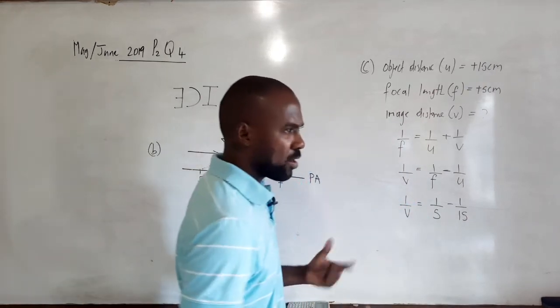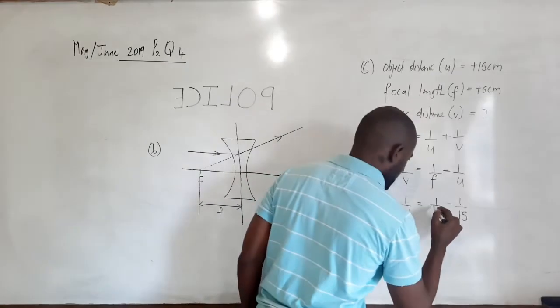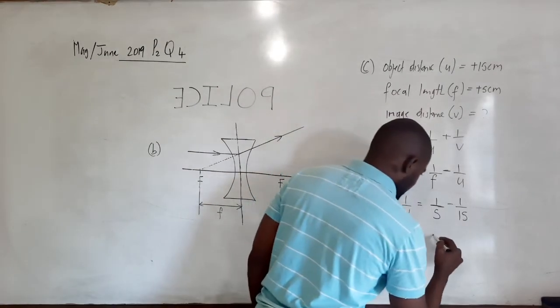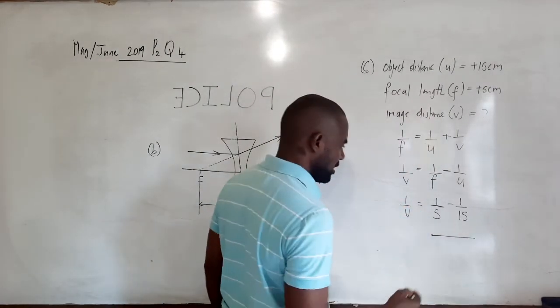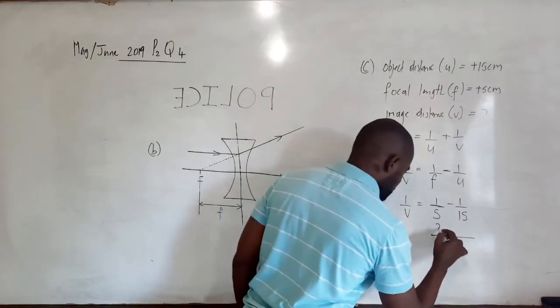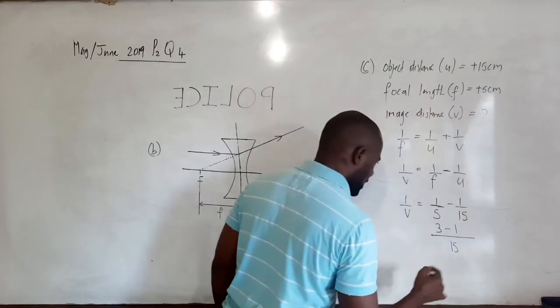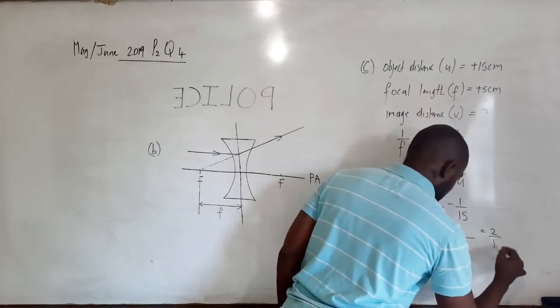Of course, you could easily work this out on a calculator, but at this level, you should have no problem adding or subtracting two fractions, right? So the LCM of 5 and 15 would be 15. 5 into 15 goes 3, 3 times 1 is 3. 15 into 15 goes 1, 1 times 1 is 1. And so this is equal to 2 over 15.